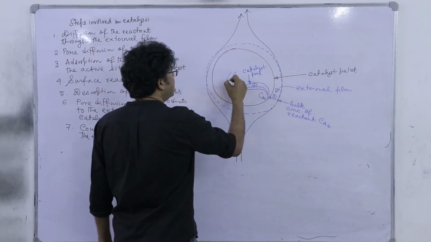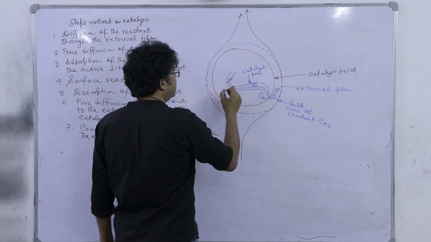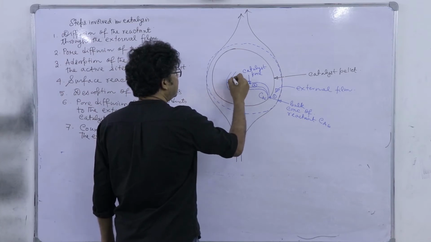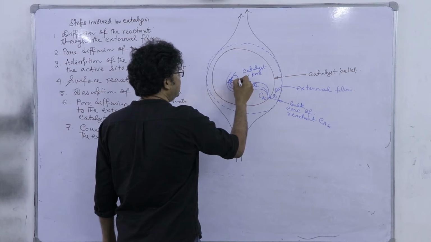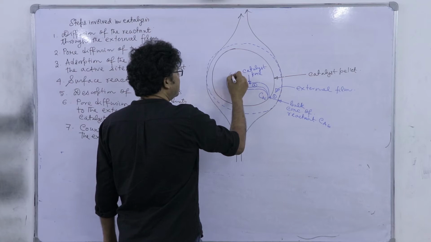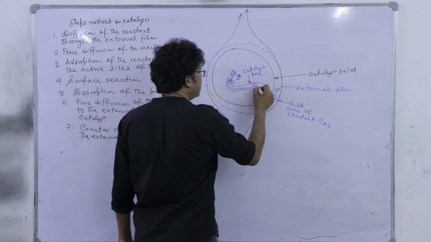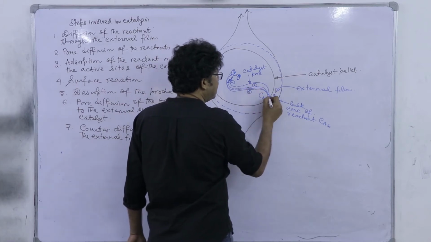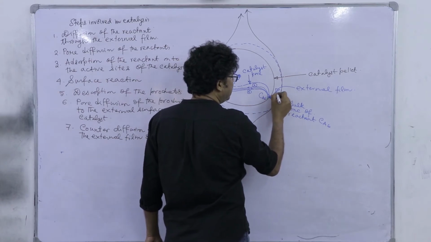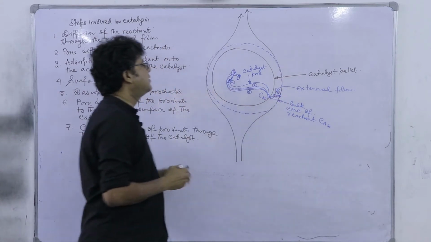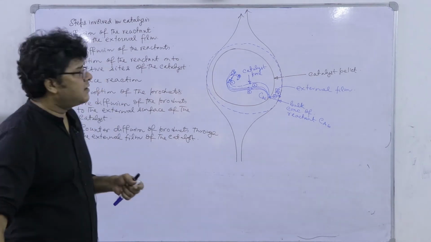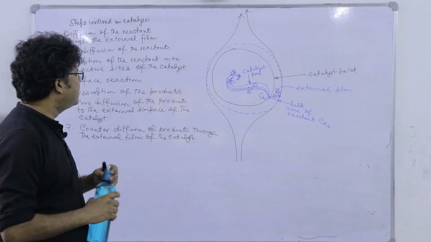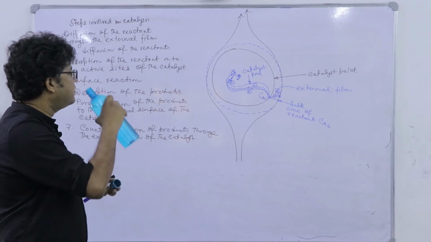Next, it will get adsorbed, step 3. Then a surface reaction will happen, step 4. Then desorption, step 5. Back diffusion through the pore, step 6. And finally, counter diffusion, step 7. So, these are the steps involved in catalysis, as we have discussed.